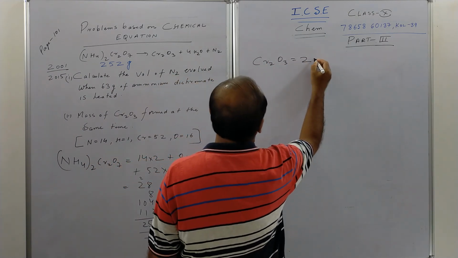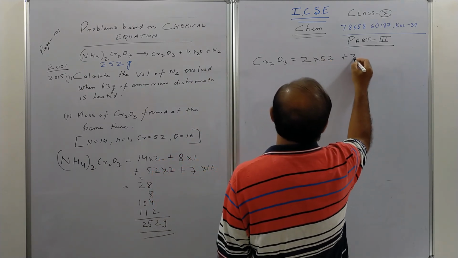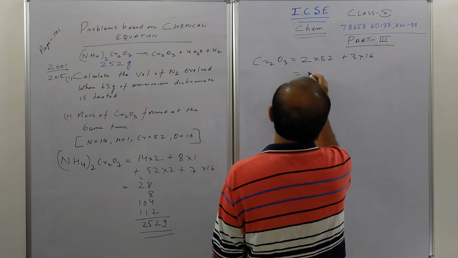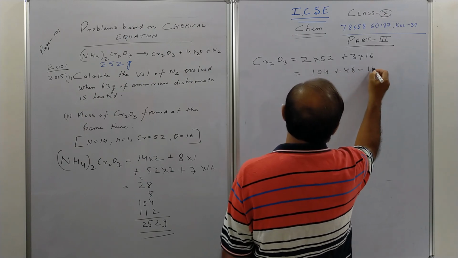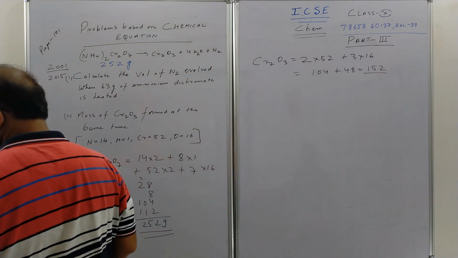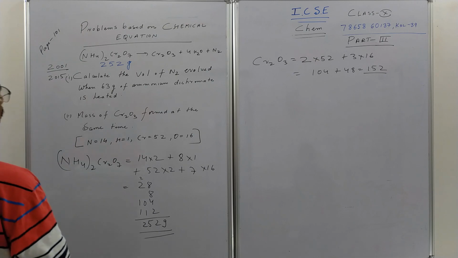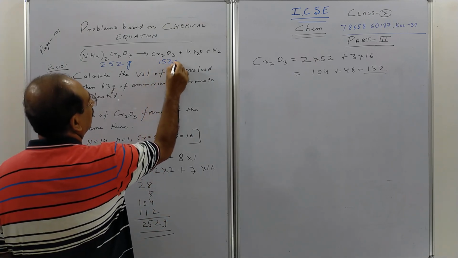Chromium, children, is 52 and oxygen is 16. So 104 plus 48, we get 152. So the molecular weight of chromic oxide is 152 gram.